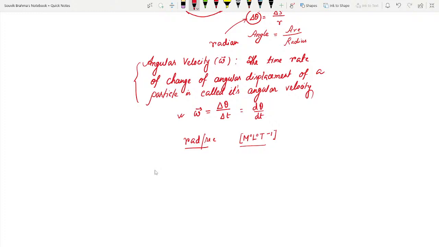So it should be represented as omega is equal to limit delta t tends to 0 of delta theta by delta t. You know already about instantaneous speed, instantaneous velocity, instantaneous acceleration. The same concept is here.